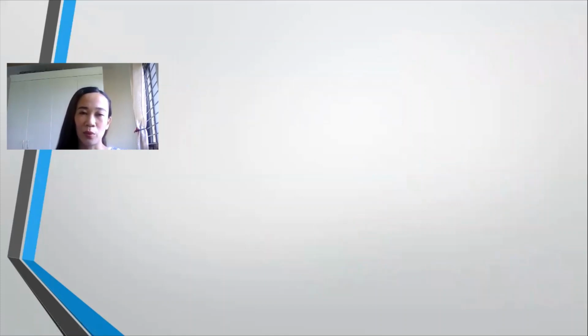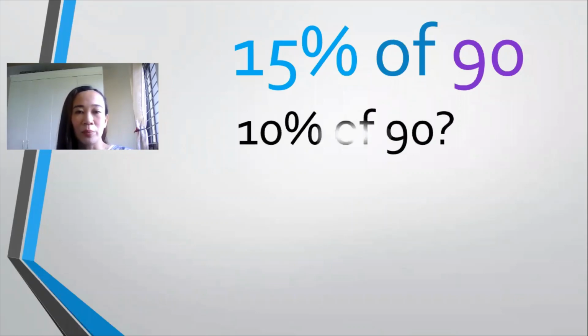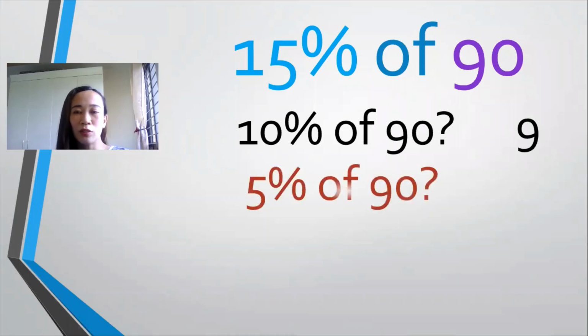So we have an example here. Let us find the 15% of 90. So for 15%, 15% is like 10 and 5. So first, all we have to do is to find the 10% of 90. That is 9, right? How about the 5% of 90?